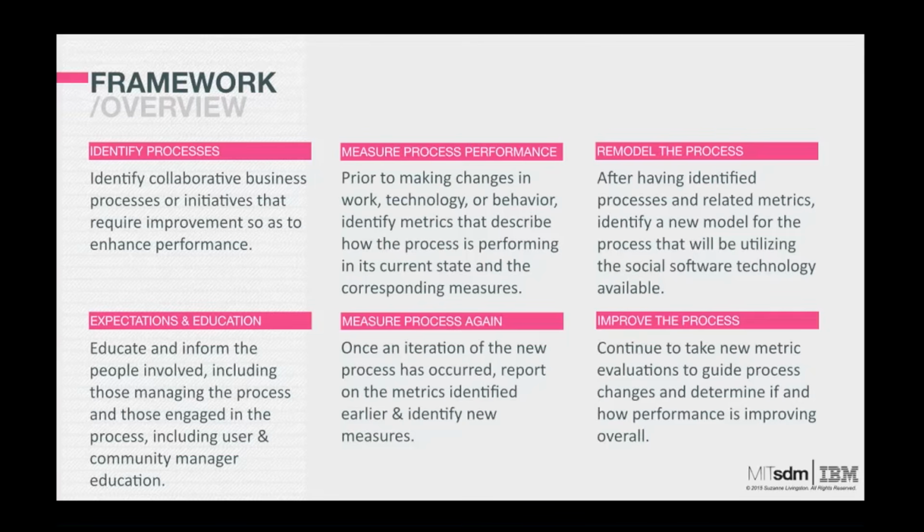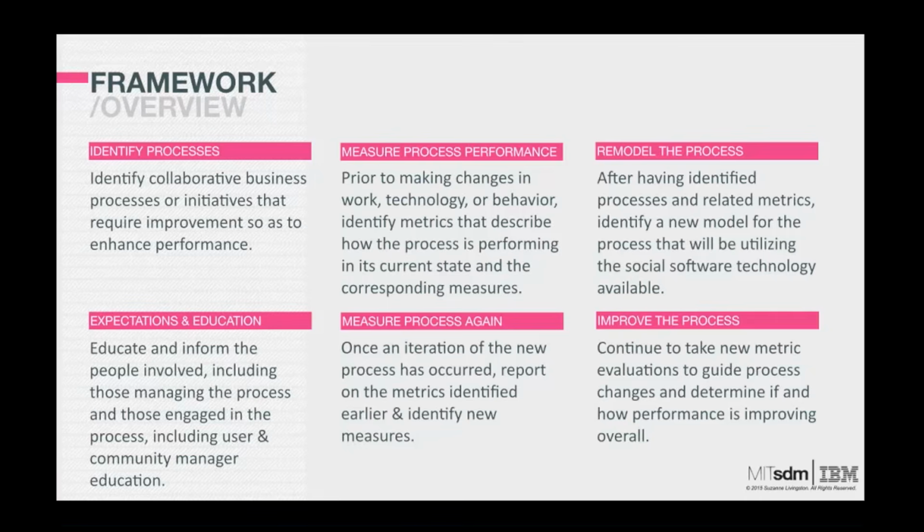And step 3, they remodeled the process, understanding what technology enablement could happen. How can that process flow change to reflect the fact that they may now have new technologies available to them that could help streamline it or make it more efficient, and what would that new process look like?